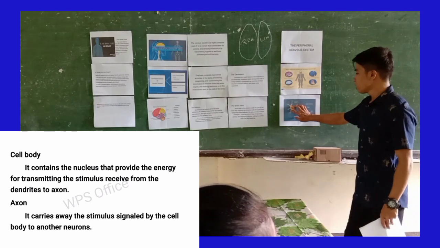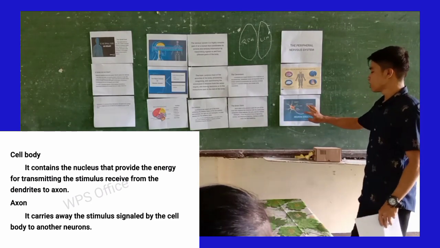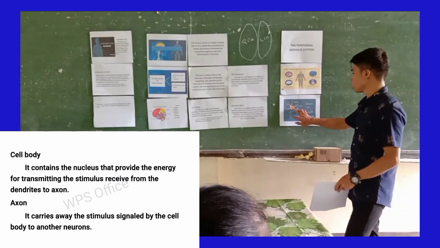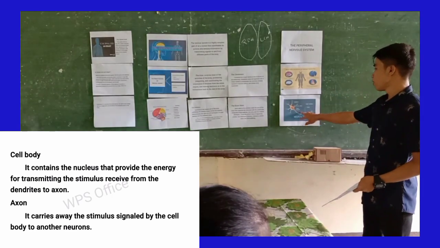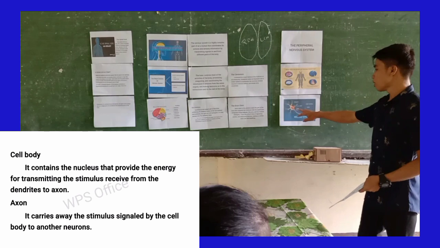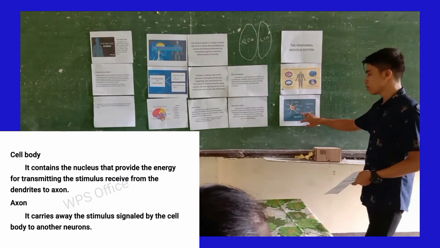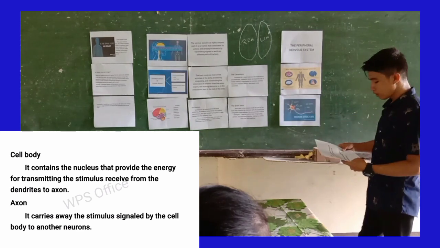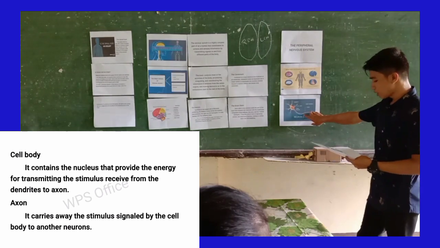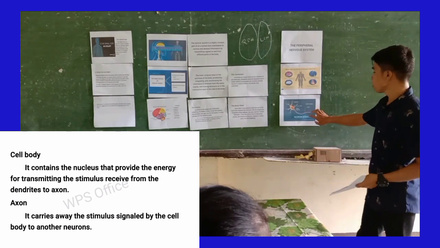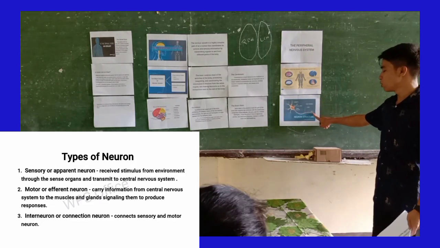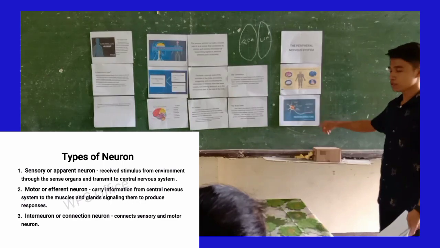The cell body has a nucleus that is responsible for giving energy for the information to transfer from dendrites to cell body to the axon. The axons are responsible for carrying the stimulus away from the cell body to the axon terminals, or the end of our neurons.